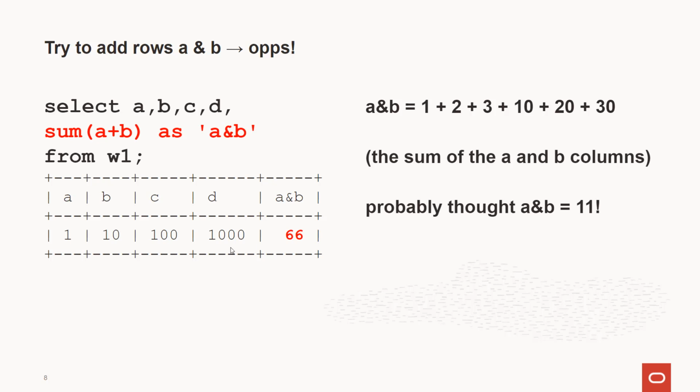Now, looking at this carefully, you'd say, well, A is 1, B is 10, so it should be 11. Why is it 66? Well, the computer, or the database server in this case, did not know that when you were summing these up, you just wanted to do each of the rows by itself. And because your intentions weren't clear, it assumed you knew what you're asking for.